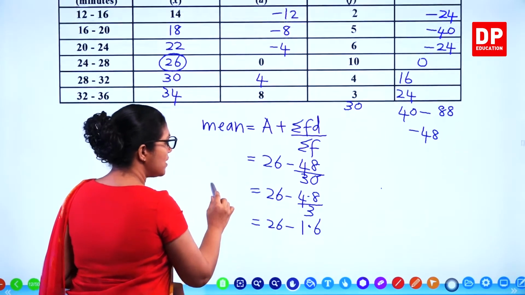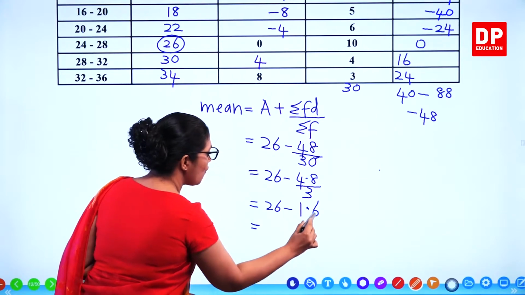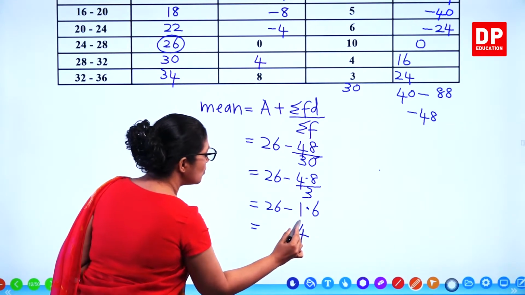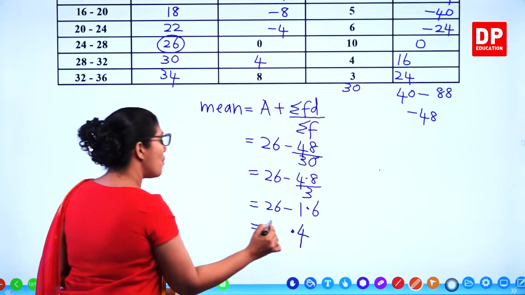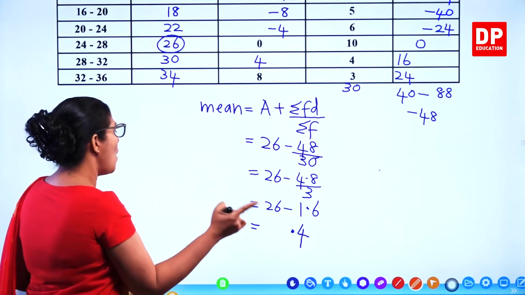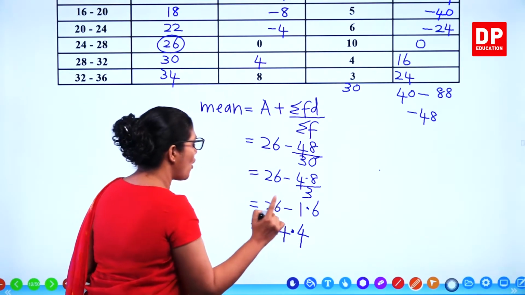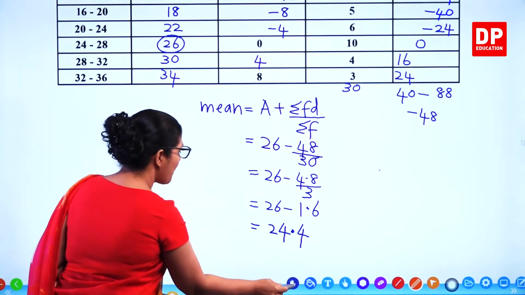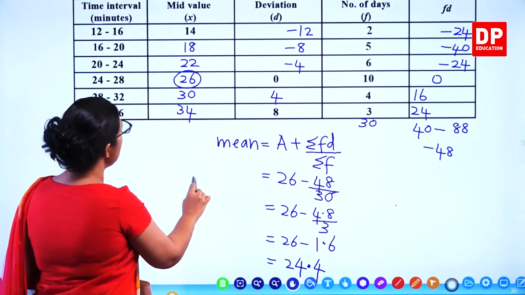So 26 minus 1.6 is 24.4, the mean value. So this is the value in minutes.